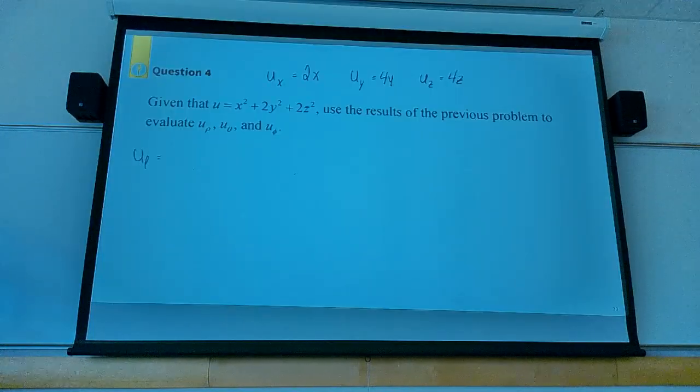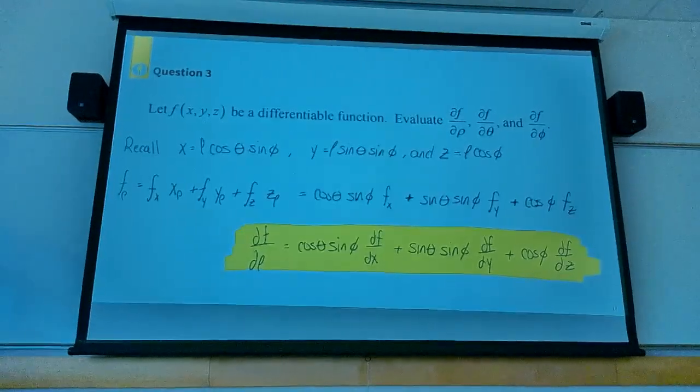U rho, if we look here, is cosine theta sine phi times u sub x plus sine theta sine phi times u sub y plus cosine phi times u sub z, right?